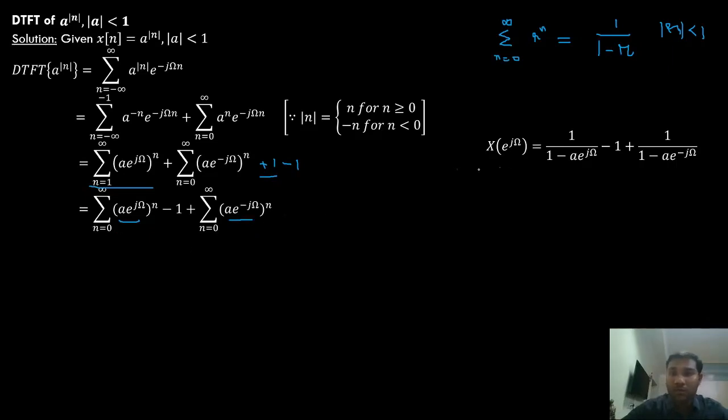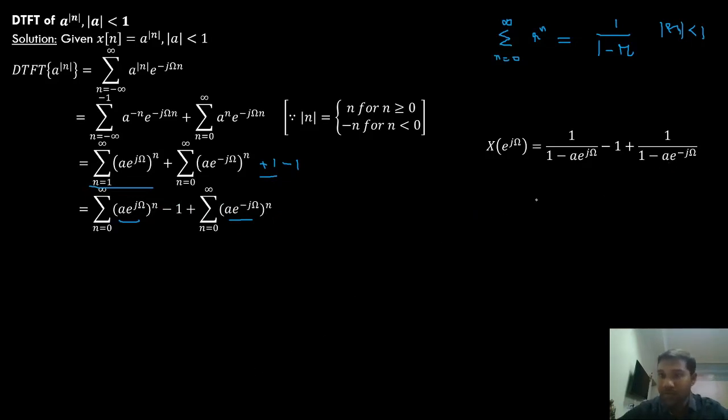So we substitute the formula 1 by 1 minus r. The first term reduces to 1 by 1 minus a into e power j omega, then we have a negative 1 plus 1 by 1 minus a e power minus j omega.